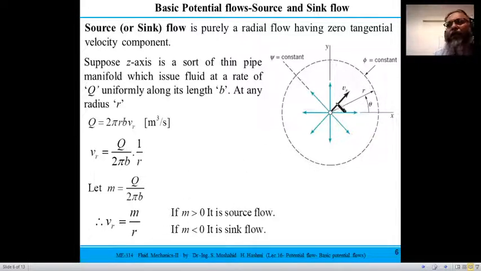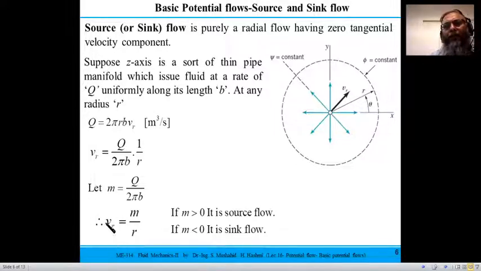Otherwise, we can think of the flow coming in the radial direction and going into the pipe. In this case m would be negative, and that flow is called sink flow. So source and sink is just the direction of the radial component of the velocity. When it is outward, it is called source flow, and when it is inward, it is called sink flow.